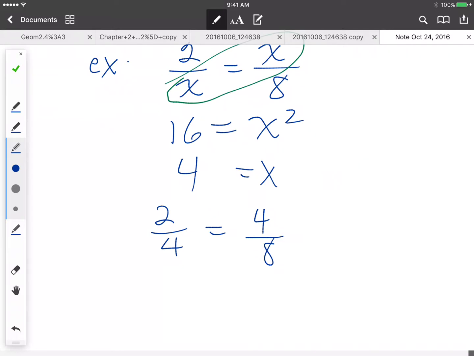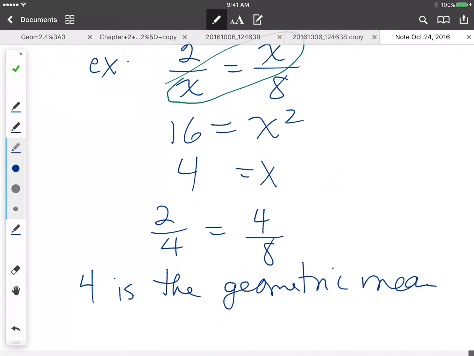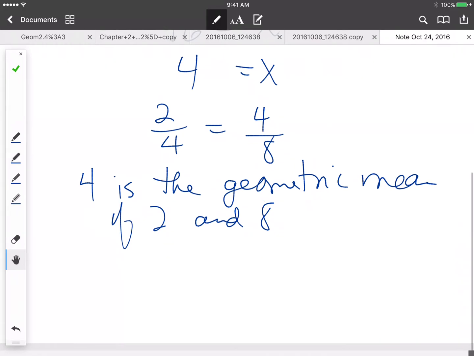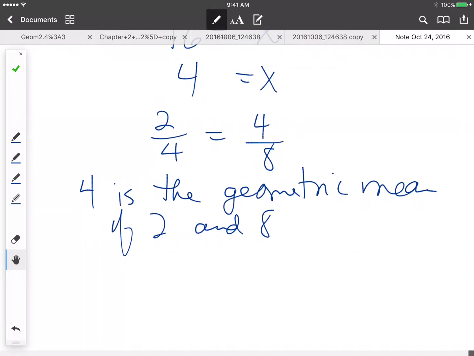But we also say that 4 is the geometric mean of 2 and 8. It's kind of cool in the sense that we have always had this idea of the mean, right?